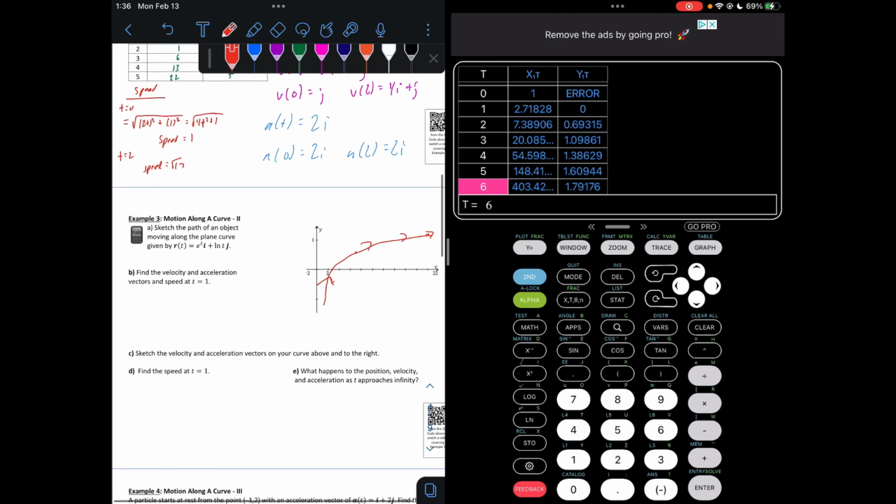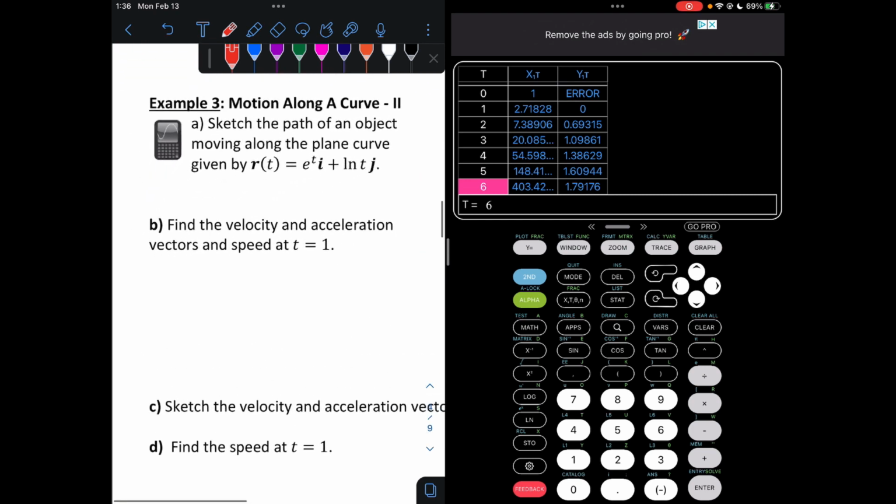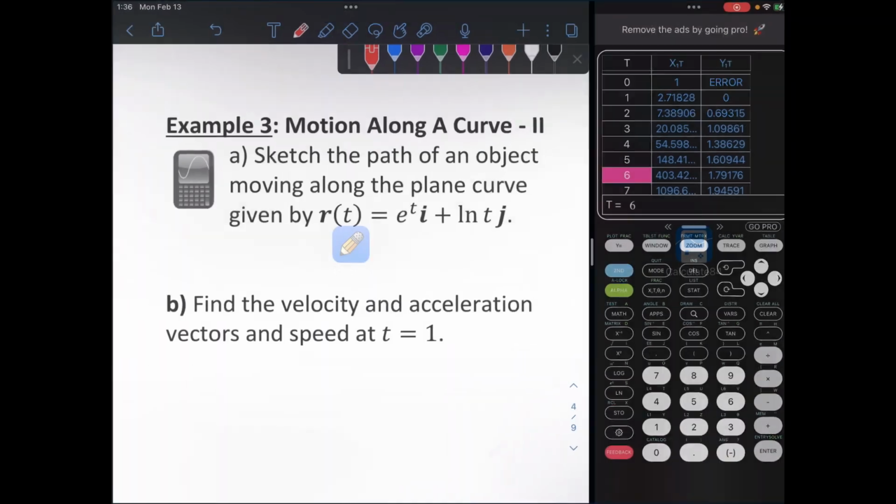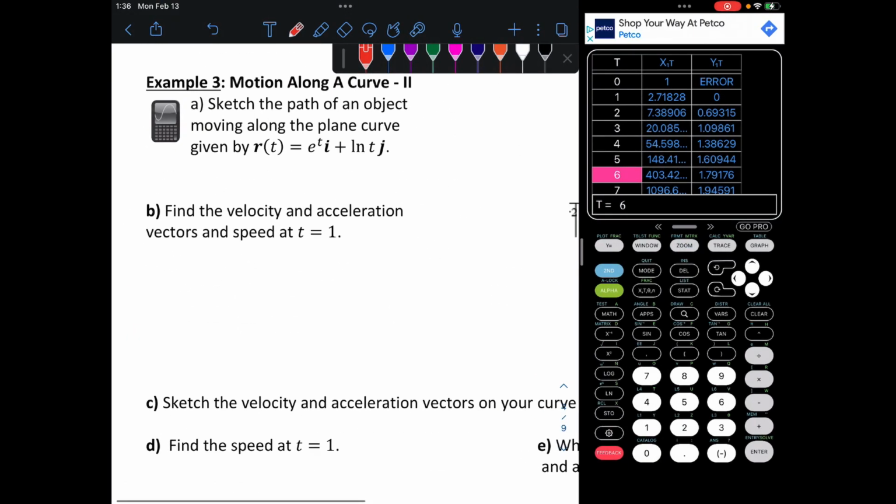Okay, so find the velocity and acceleration vectors and speed at t equals 1. Our velocity vector would be e to the t i plus 1 over t j.